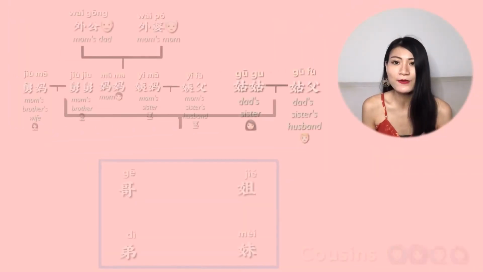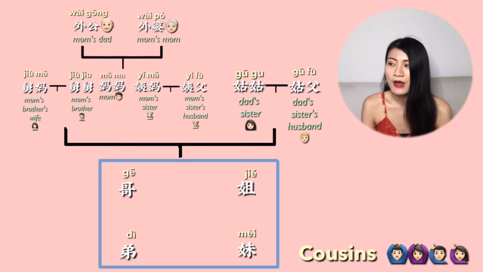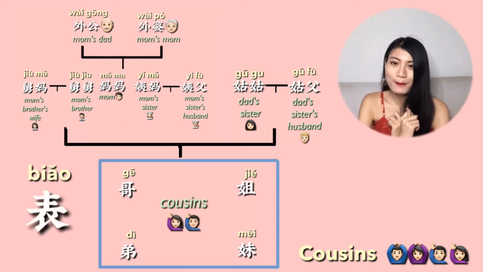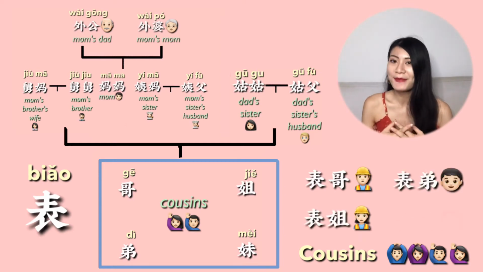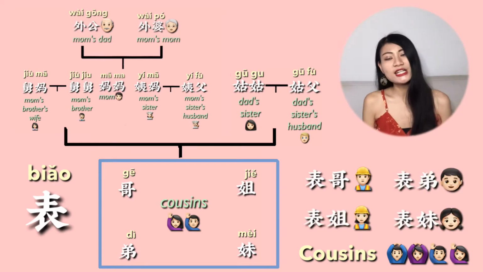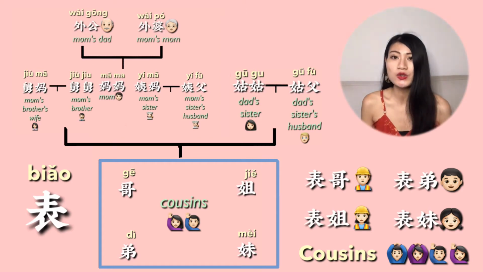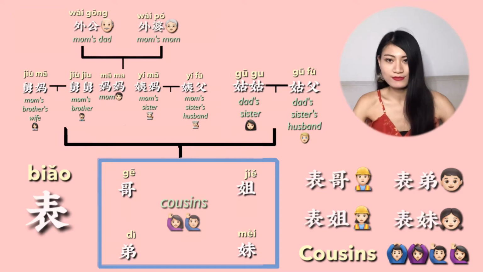For the cousins from mom's side, plus the cousins from 姑姑, we just add 表. For example, 表哥, 表姐, 表弟, 表妹. We just call them according to their age compared with us.